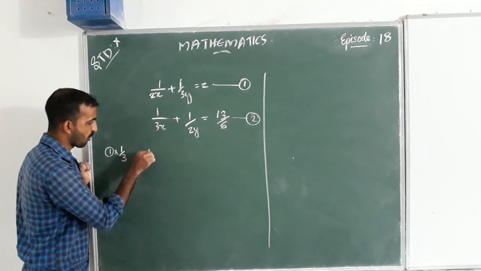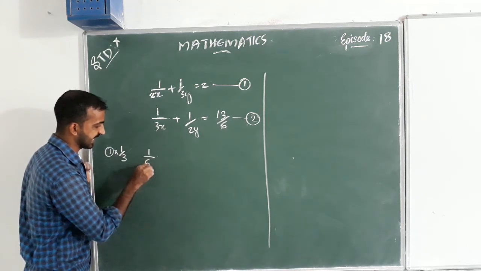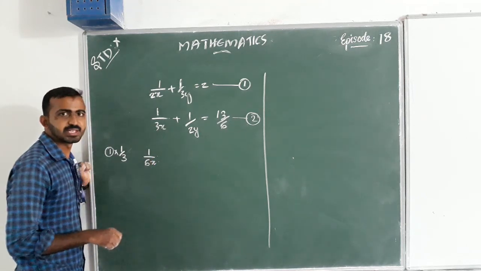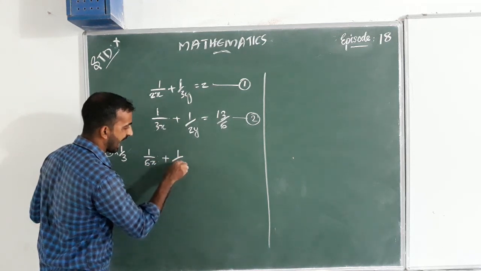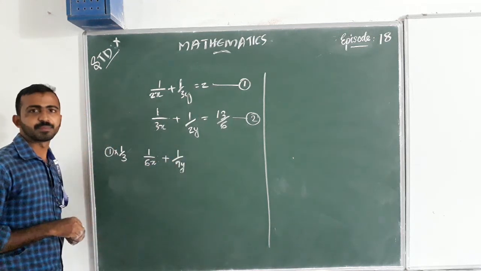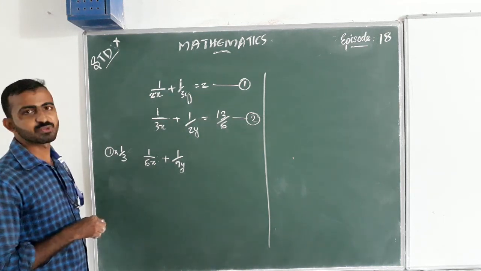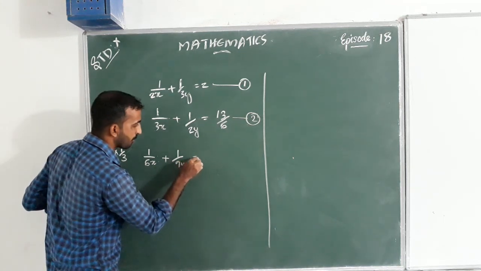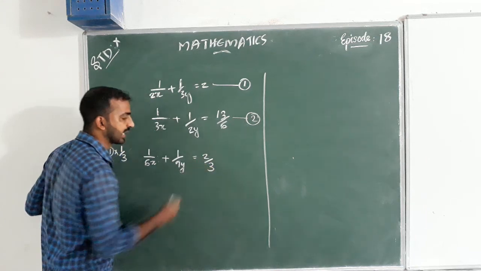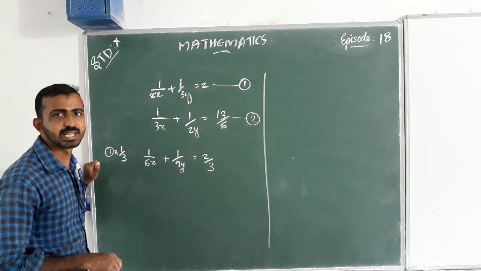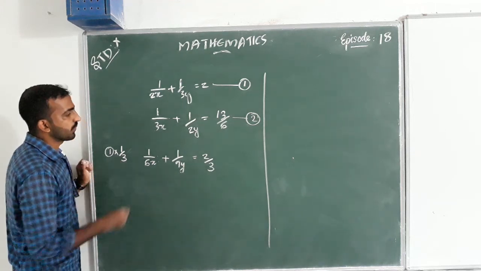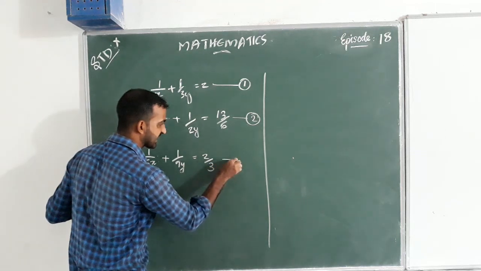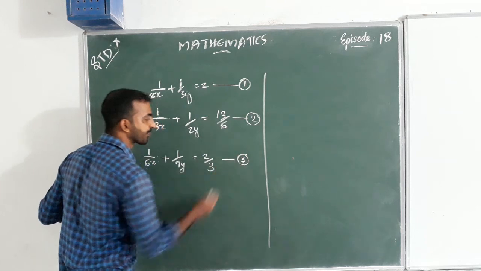We get 1 by 6x plus 1 by 9y equal to 2 by 3, is it? Yes. And this is our equation number 4.